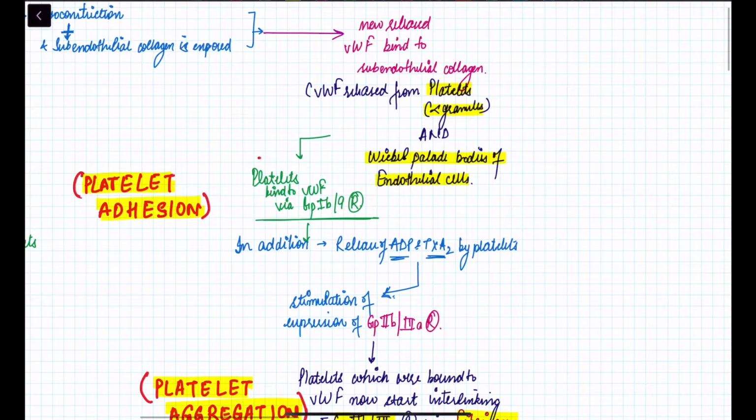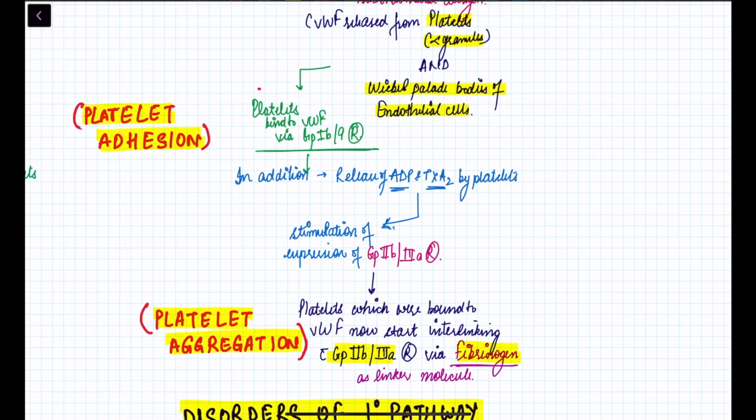After platelet adhesion, the next step is the release of ADP and thromboxane A2 by platelets. It occurs internally via the COX pathway, and these two molecules cause stimulation and expression of the GP2b3a receptor, which is another receptor of clinical importance as there are pathologies associated with it.